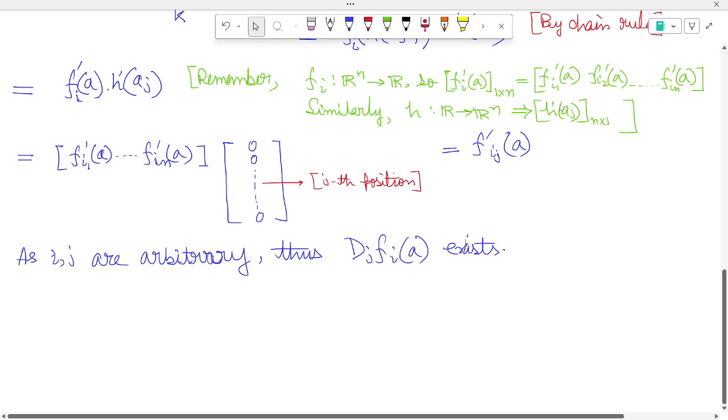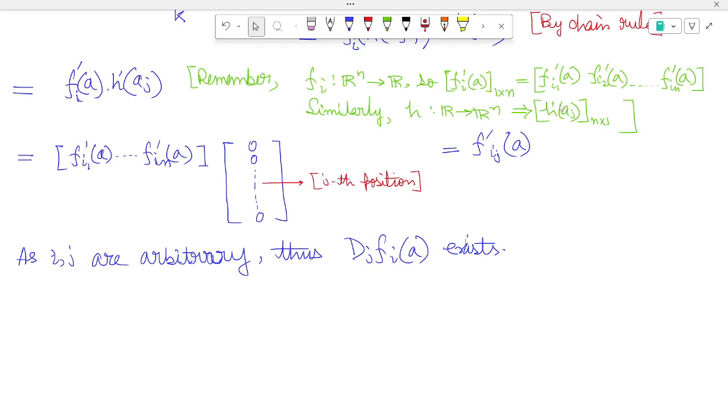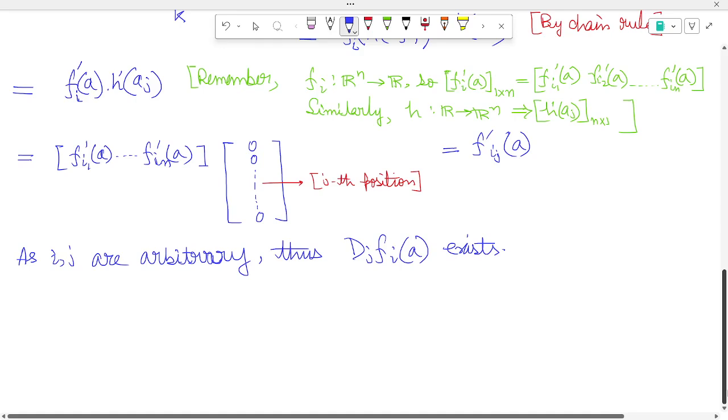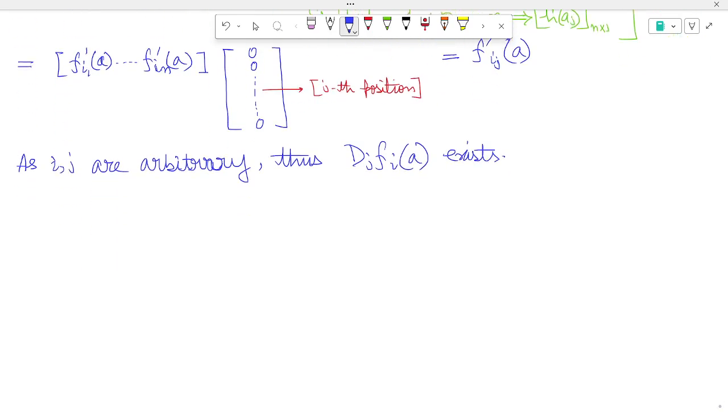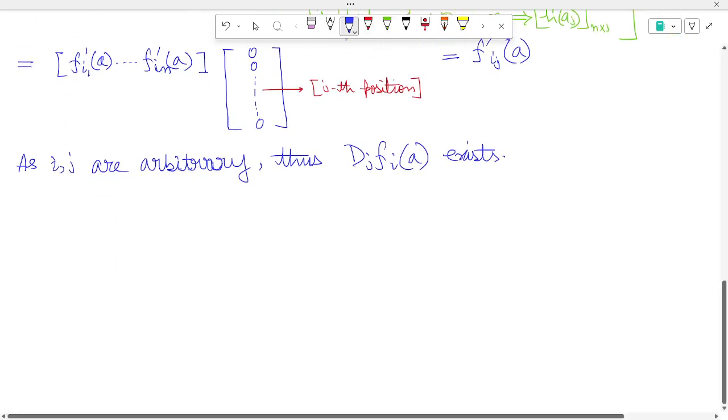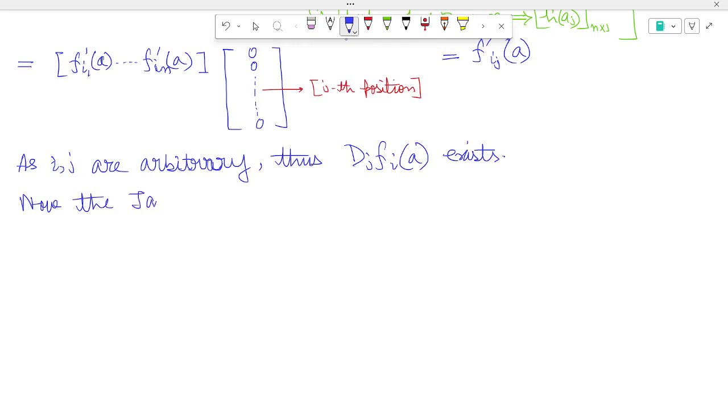The existence part is clear, right? So existence part is clear. Now how to show about the matrix is this. The Jacobian matrix of f dash, which is f dash a, is an m cross n matrix.